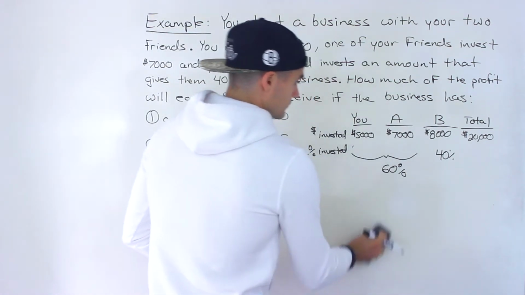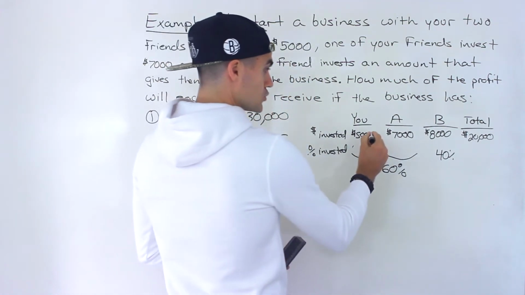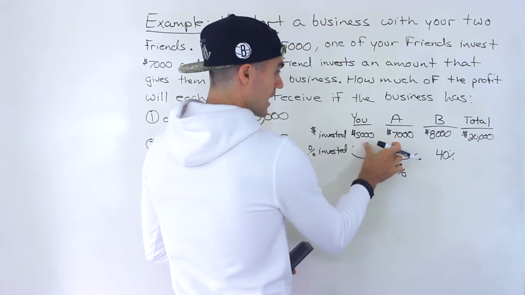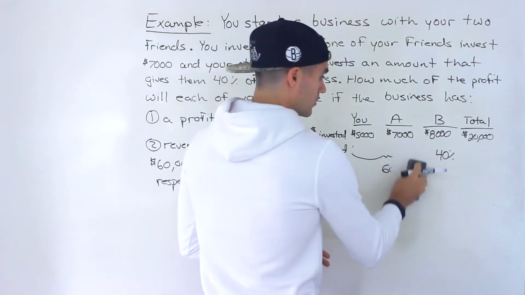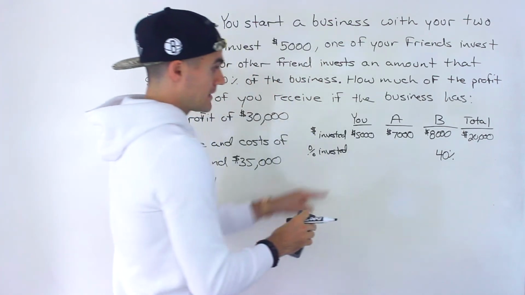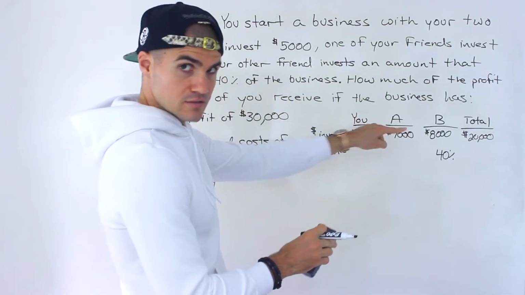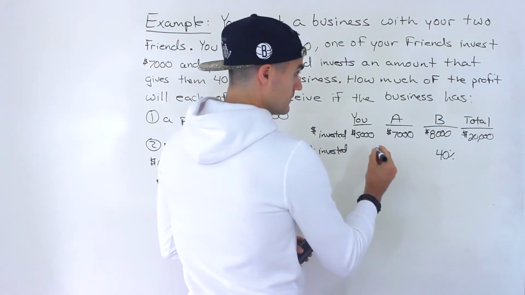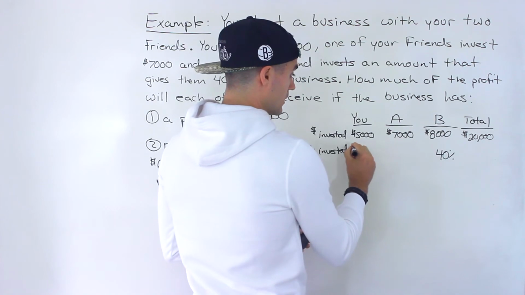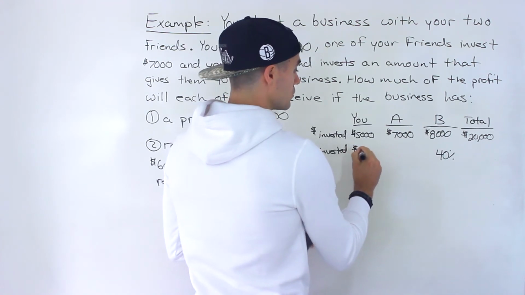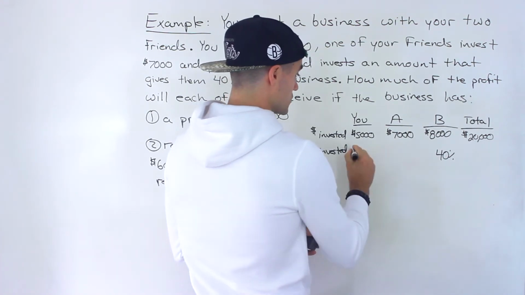And now, instead of totaling up the percentage of you and friend A, you can get these individual percentages by taking 5,000 divided by 20,000. That would give you 0.25 multiplied by 100, which gives you 25%.